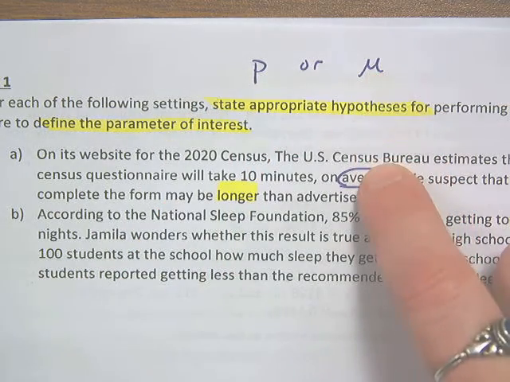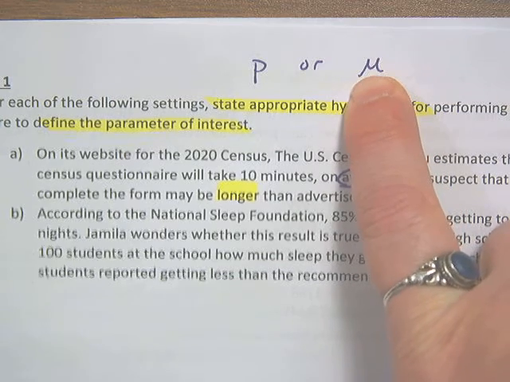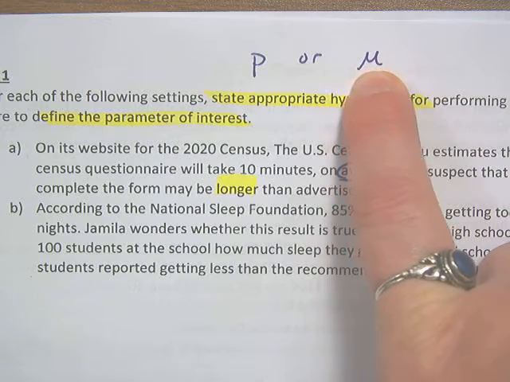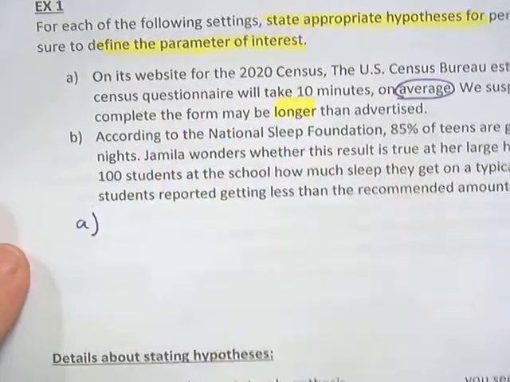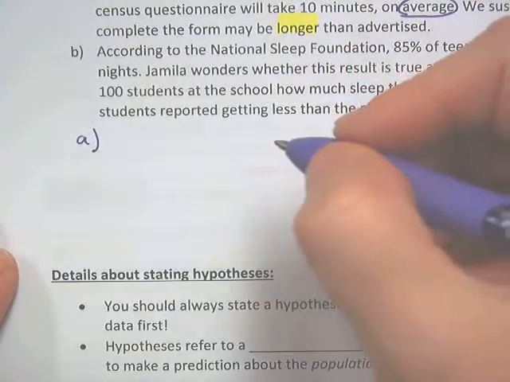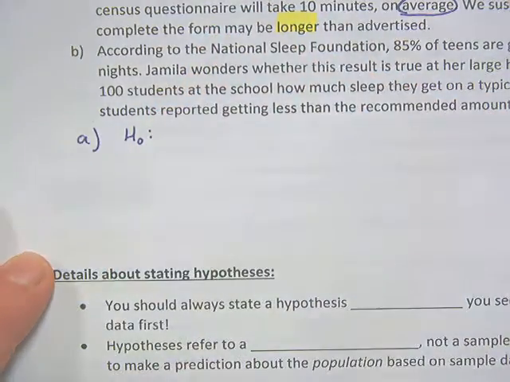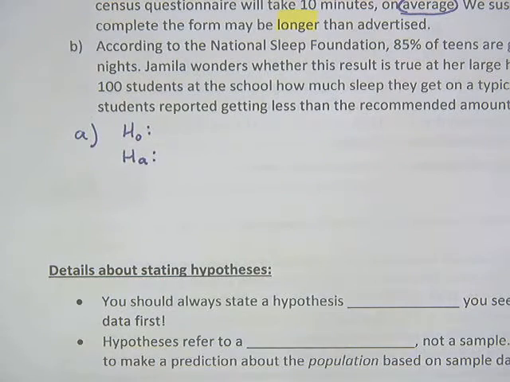Mean, average, mean. That means in both of my hypotheses, that symbol is going to show up. So there's going to be a mu in my hypotheses. Go ahead and set yourself up with your null hypothesis, H sub 0 colon, and underneath that, your alternative hypothesis, H sub A colon. You'll always put them in that order.